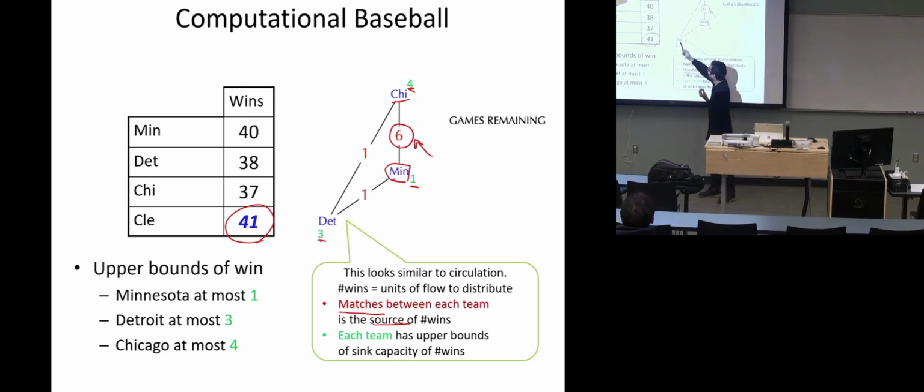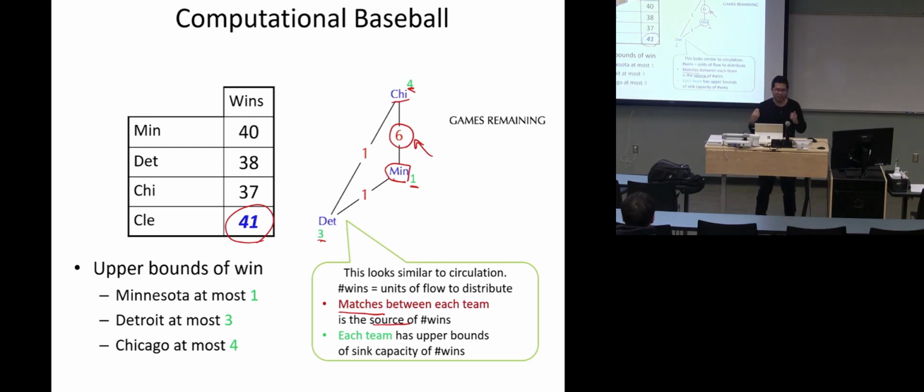This guy cannot receive more than 3 wins. This guy cannot receive more than 1 win, and so on. Right? So this is like the source of wins. It needs to be distributed to this guy, and this number is like the sink capacity for each team.